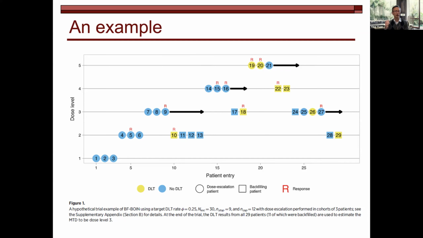In principle, you would think, why base it only on observed data? I should also account for those pending patients. But the interesting thing is that for backfill purposes, it doesn't matter too much, and in terms of overall operating characteristics, it's very, very similar.